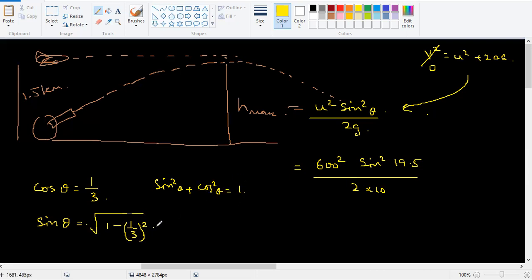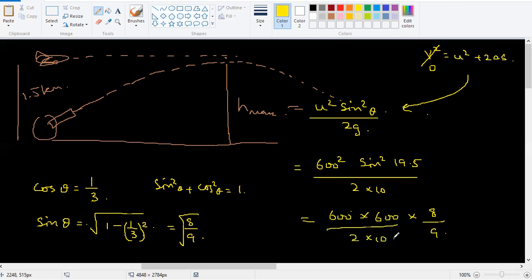So 1/3. So it will be 9 minus 1. So it will be 8/9. So 8/9 square root. And since there is a square here, the square root will go away. So that means it will be 600 square into 8/9 divided by 2 into 10.